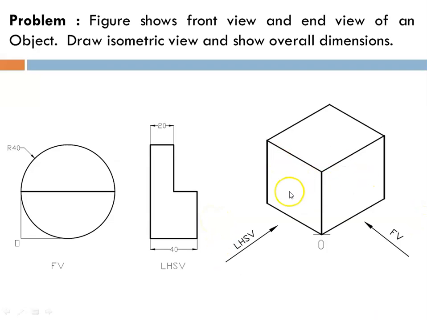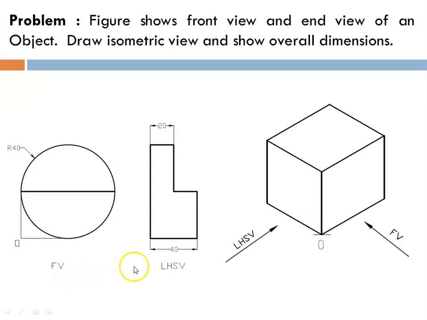Here there are two sides. If you consider this as the front view and the observer is exactly opposite to this plane, then this becomes the left hand side, and hence it becomes LHSV. In the other condition, if this is the front view, then it becomes the right hand side, considering the position of the observer. So the given position is correct as per the question.